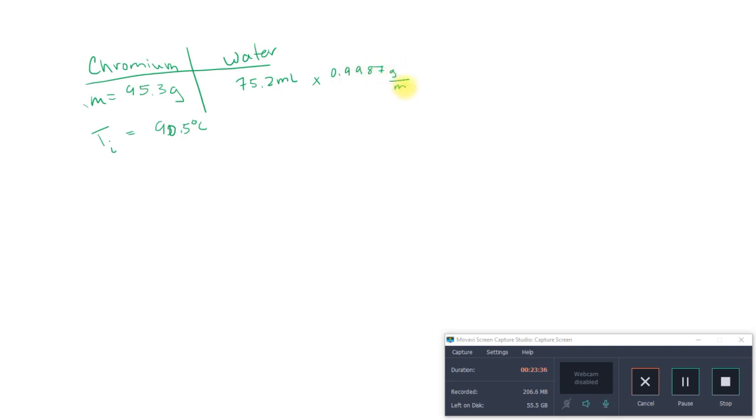Most of the time we assume that the density of water is 1 unless proven otherwise. Since those two problems are very close in proximity, I'm going to assume the density is probably the same. So we find there's 75.1 grams. Now that's the mass of water.